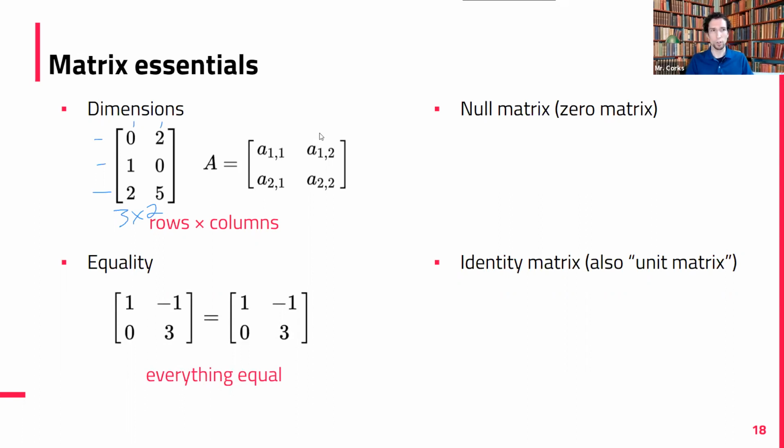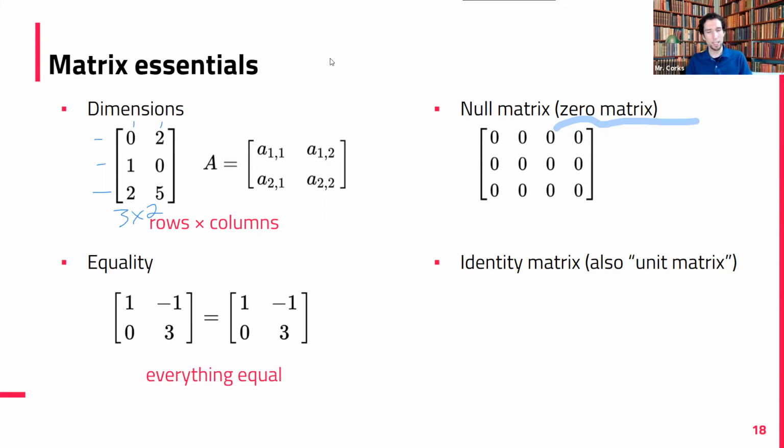Null matrix or 0 matrix. What does this look like? Every value is 0. And what sizes can they be? What dimensions? Any dimension. Anything at all. So if the matrix is all zeros, then that's called a null matrix or a 0 matrix.